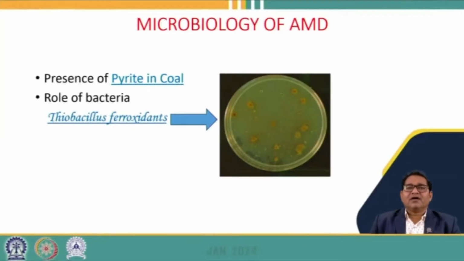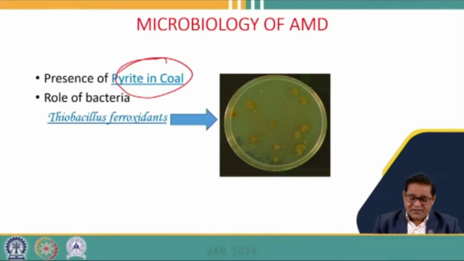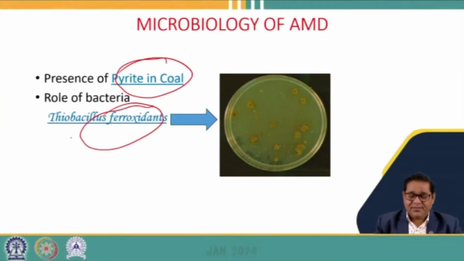Then let us talk about how this acid mine drainage is generated. Here microbiology plays a very important role in generation of acid mine drainage. As we know, pyrite is the mineral which is present in the coal, basically in the tertiary coal field, and this pyrite mineral is in presence of Thiobacillus ferrooxidans bacteria.